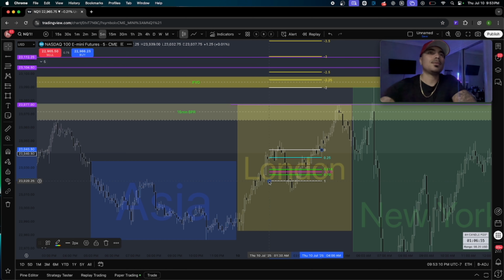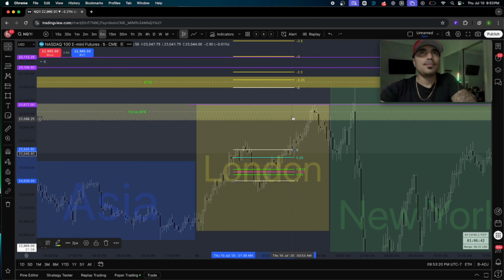Yeah, I think it was something like this. The failed swing, this was a failed swing, because look, right at -2 is where it ticks.